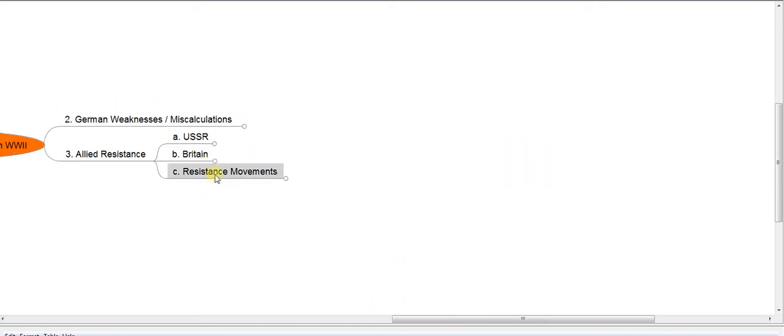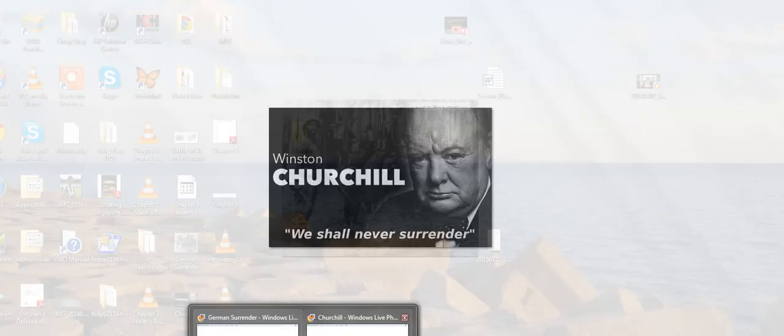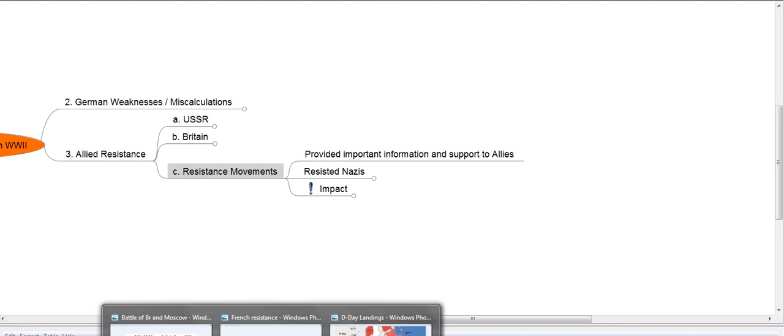Okay, finally we're going to look at resistance movements. I forgot to show you this: Churchill says, "We shall never surrender." This really embodies the fighting spirit of the British during this period. And I'm going to show you one picture over here.